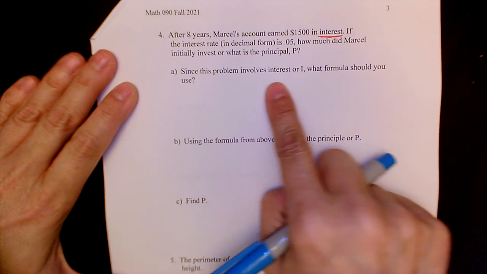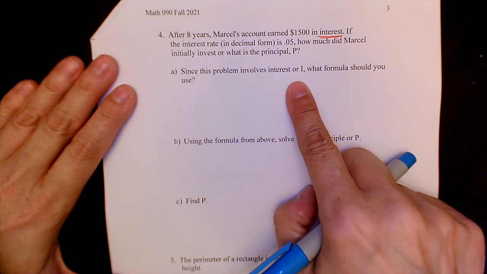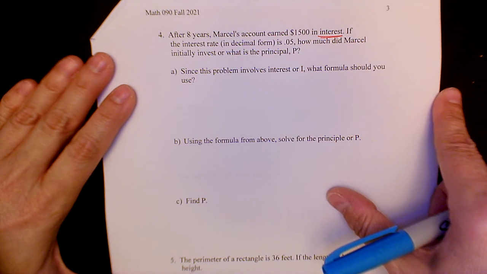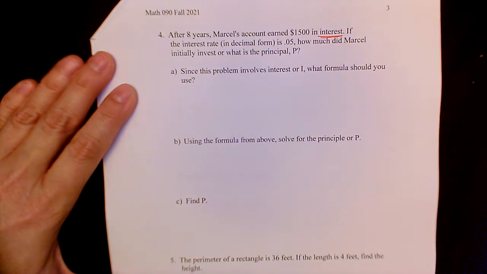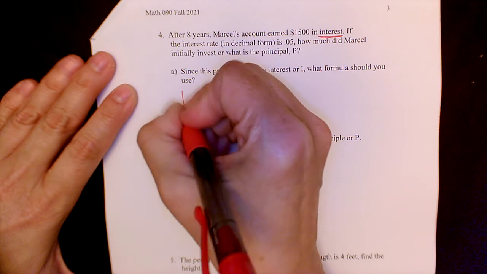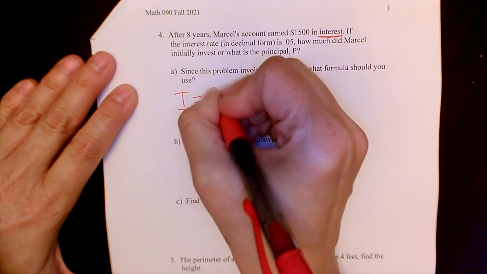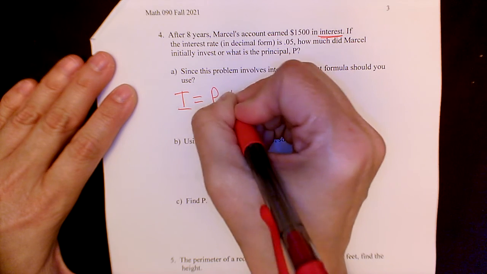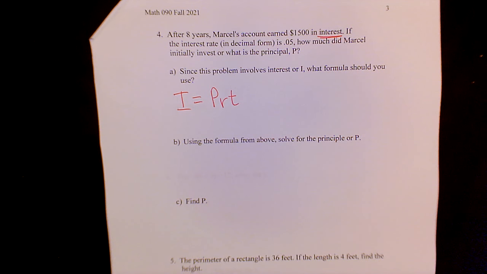Since this problem involves interest, or the big I, what formula can we use? Well, we can use I equals P times R times T. And remember, P is the principal, how much we invested, R is our interest rate, and T is the time.